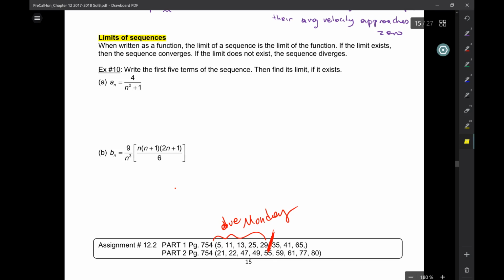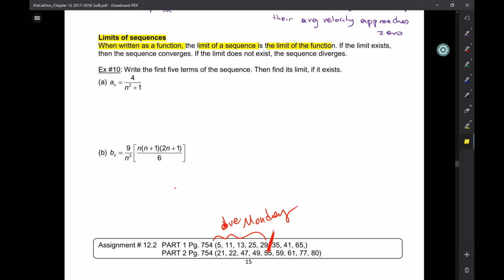So limits, right? You can write sequences as a function, and then the limit of the sequence is the limit of the function. You can see here, these are the explicit formulas for a_n. Remember explicit formulas? So here we would generate, let's say, a2, the second term, and it would be 4 over 2 squared plus 1.